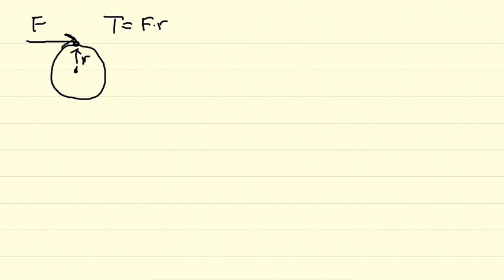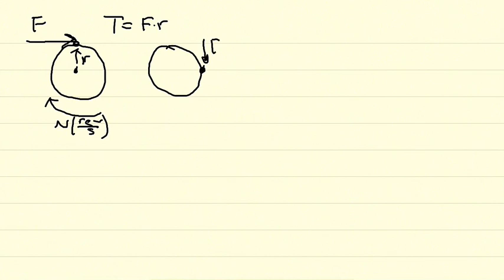So, of course, we know that this shaft is spinning at some rotational speed, n. So this is revolutions per second. And so we can track the rotation of this shaft, right? After a quarter turn, if I follow that dot, my dot is now here. So this is the application of the force.